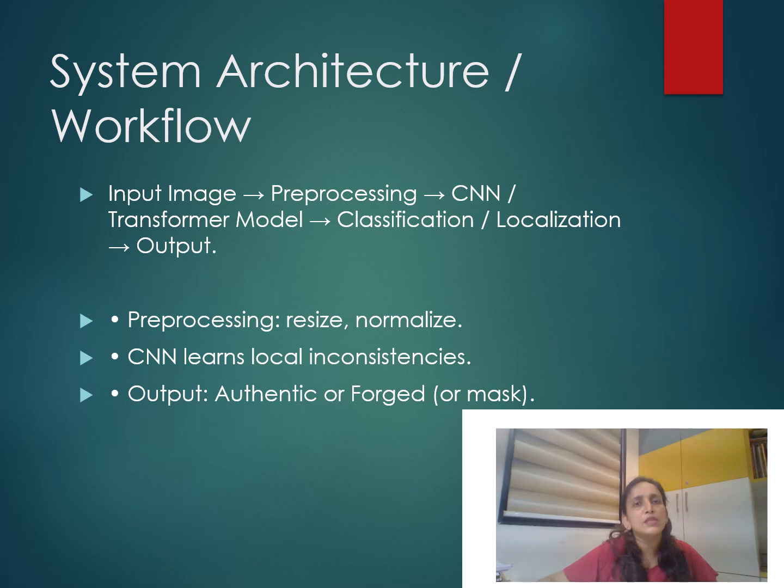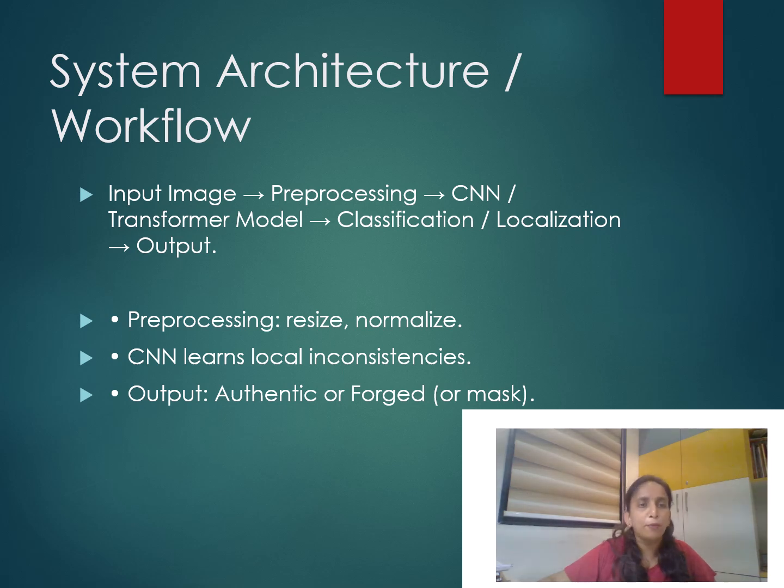Next comes the system architecture or workflow of deep learning. First of all, you need an input image. We start with the image that needs to be checked. For example, take an image and give it to the model. It will either classify whether it is real or fake, or it might tell you where the forgery has been done in that image.